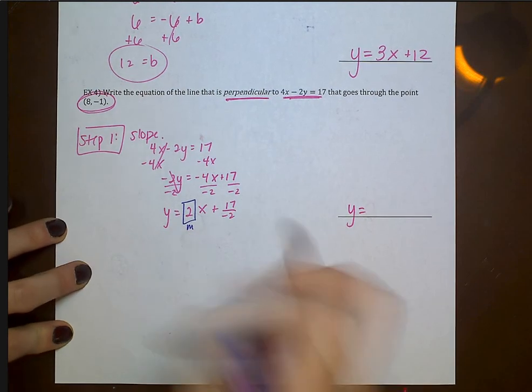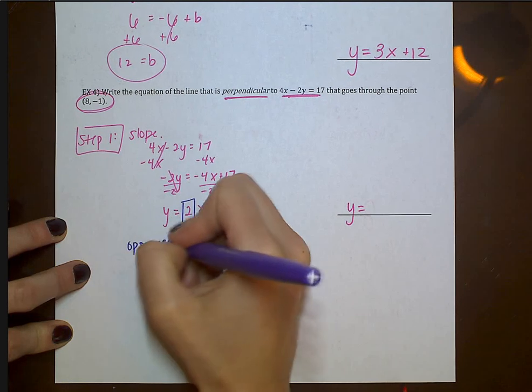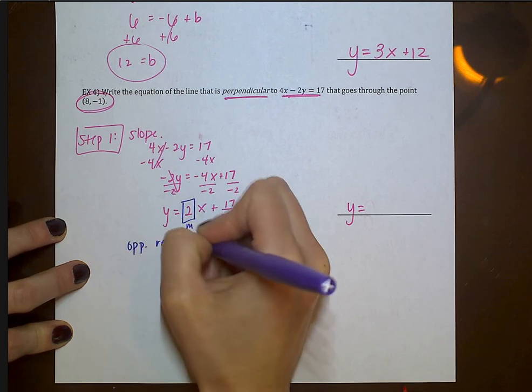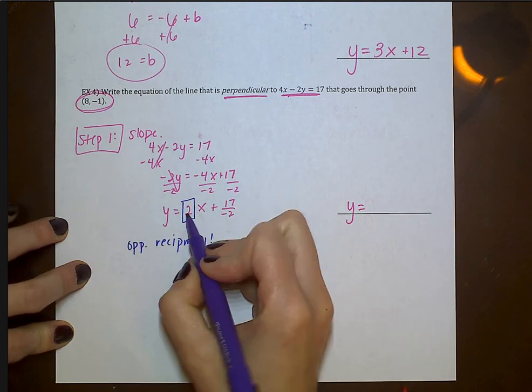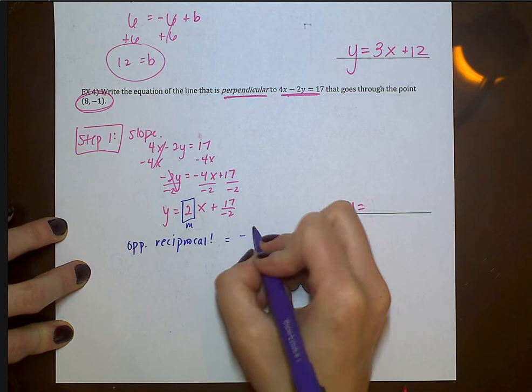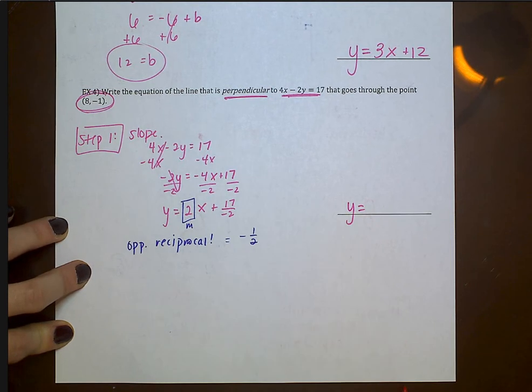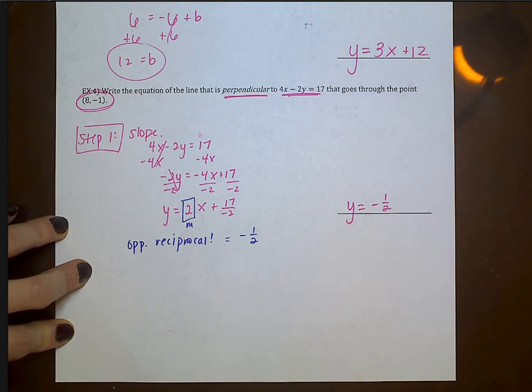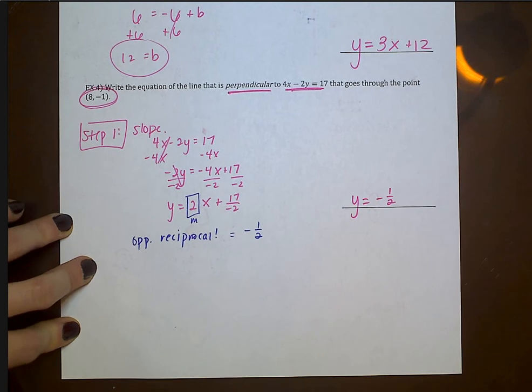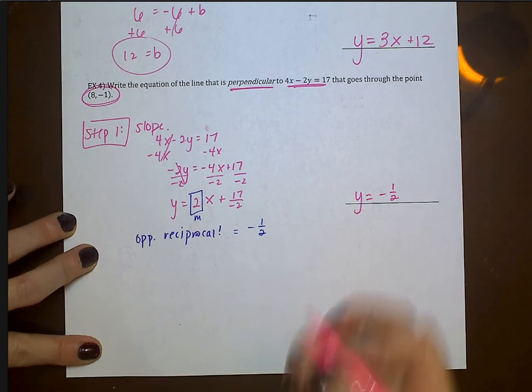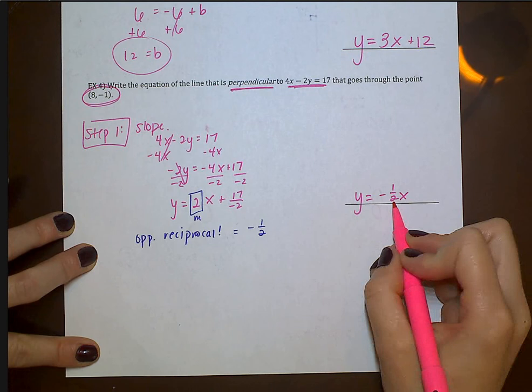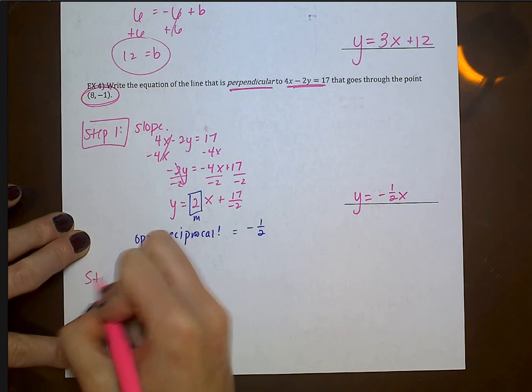I want to use the opposite reciprocal of that. So the opposite reciprocal of that would be -1/2. That's what I want to use as my slope. Perpendicular, opposite reciprocal. Don't use the same in this case. Okay, I have the m, I just need the b, so that's my second step.